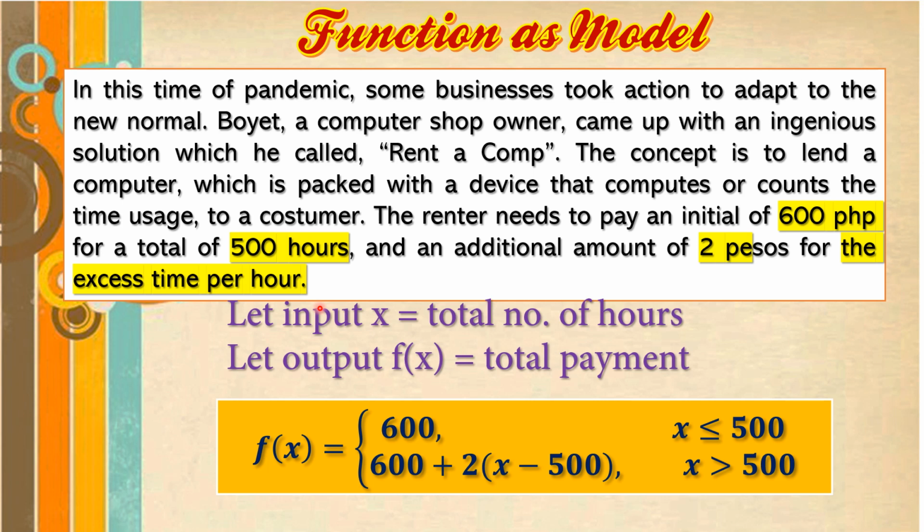How are we going to solve for the excess time per hour? That is by subtracting the initial hours from the total number of hours. We have here x minus 500. This 500 came from above, so you have to put that here. So this is the piecewise function of this problem.